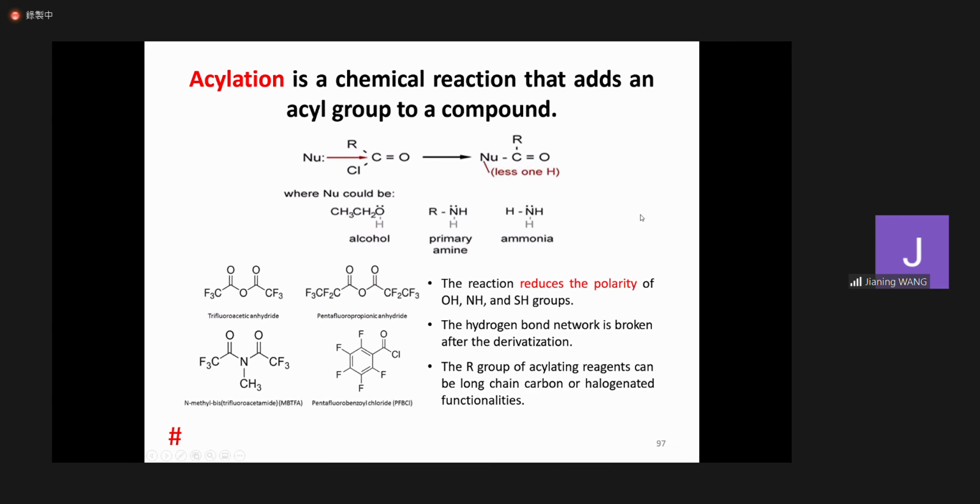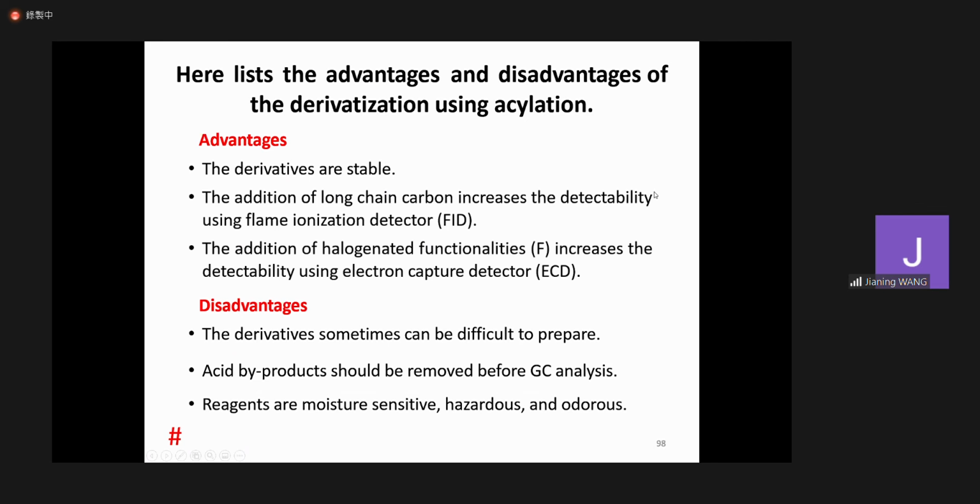But in this course, you should know that generally we need to change their volatility and increase their detector response.